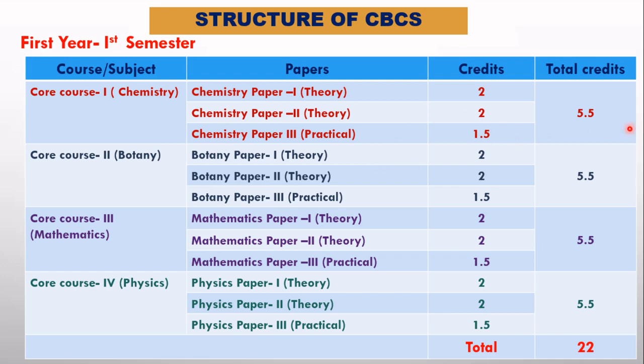So there will be 5.5 credits for each core course. As the candidate has selected 4 papers for first year, the total credits becomes 22 for first semester. So for first year first semester there will be a total of 22 credits, and the student has to earn credits out of these 22 credits for first semester.